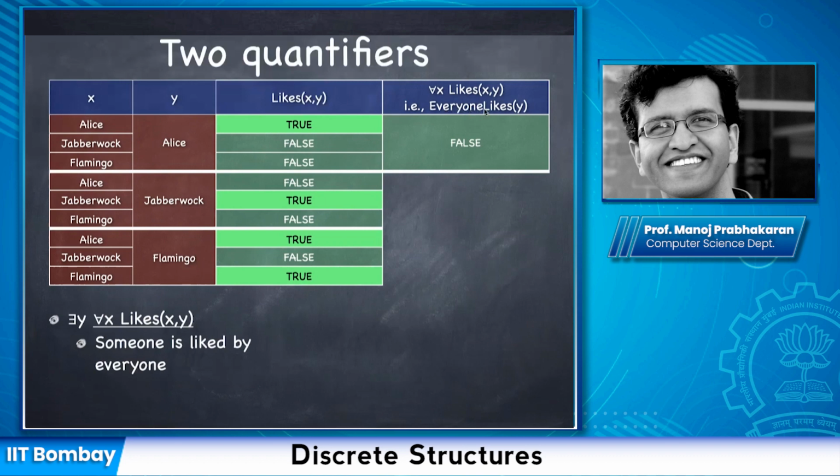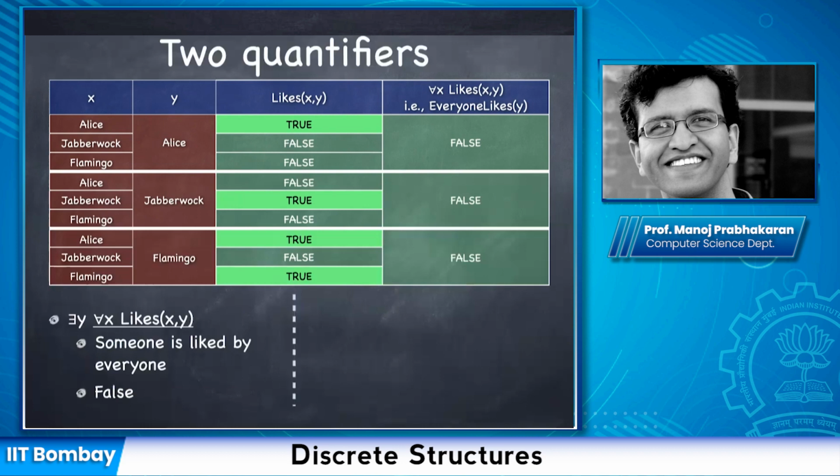So this is saying everyone likes this y. And it's not the case that everyone likes Alice, so this is false. And in fact, it's false for Jabberwock and Flamingo too. So the claim that there is some y such that everyone likes y is false.